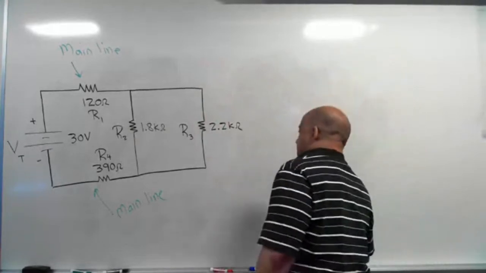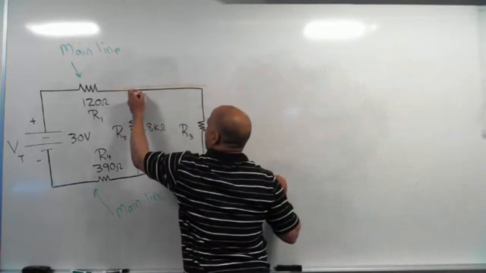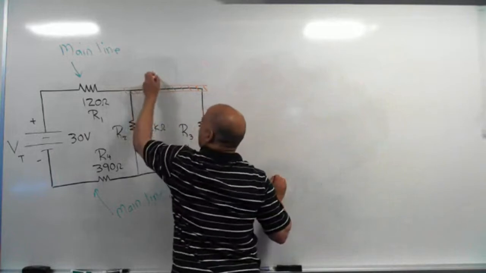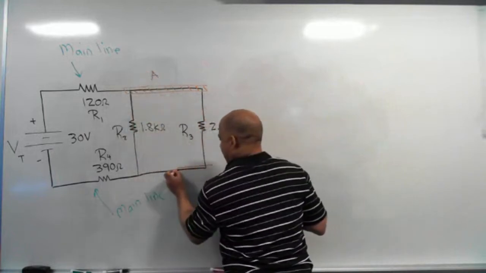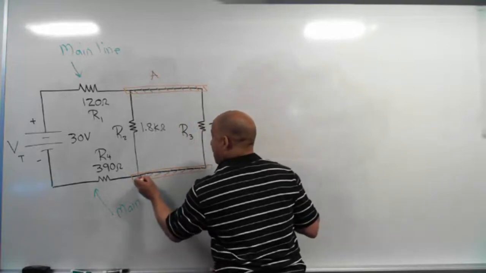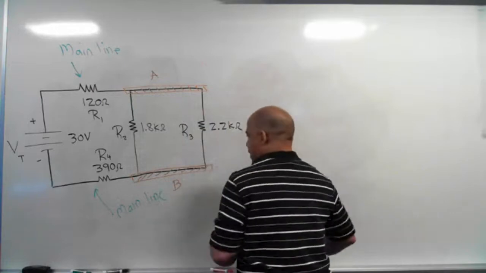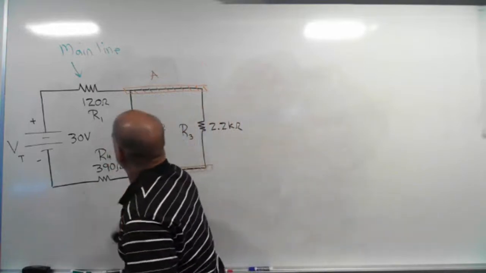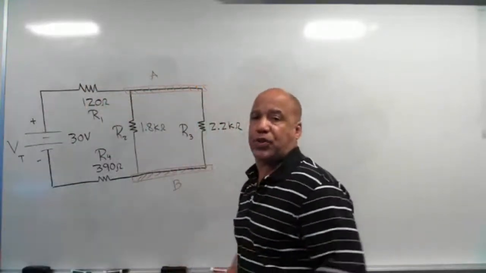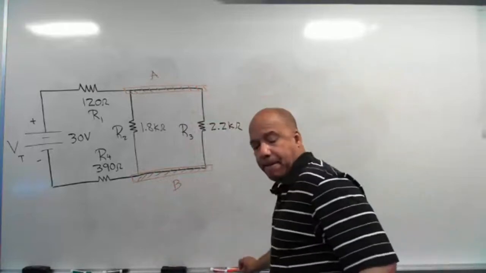So I've got a node right here. I've got a node right here. I call this one node A. I'll call that one node B. So step one to solving a series parallel circuit, identify your nodes, mark them in a certain color, and then name them A, B, C, D, and so forth.